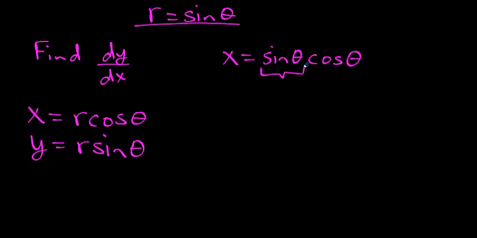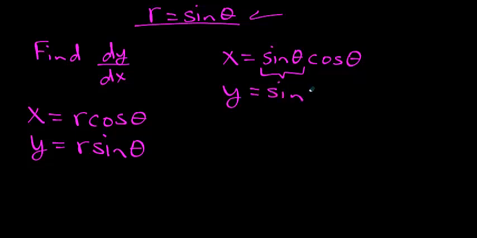So I've got my r right here, and I know there's this relationship that we learned about earlier, that x is equal to r cosine theta. So let me take the r that I was given, sine theta, and put it in front of that cosine. Now, y, on the other hand, is r sine theta.